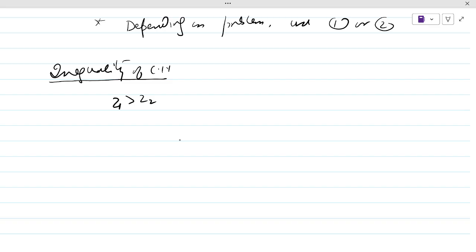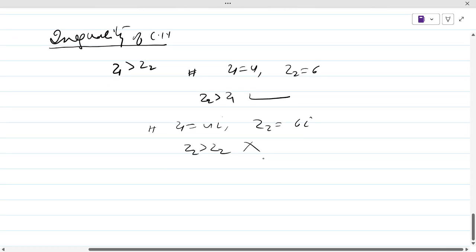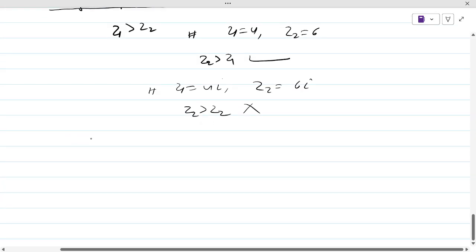It is allowed only if the complex numbers are purely real. For example, if z1 is equal to 4 and z2 is equal to 6, we can say that z2 is greater than z1. That is absolutely fine. But if z1 is equal to 4i and z2 is equal to 6i, you can't say that z2 is greater than z1, this is wrong. The inequality of complex numbers is in general not defined, it is only defined if they are purely real.